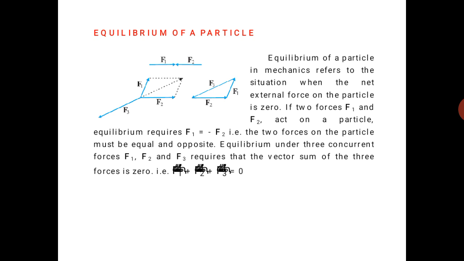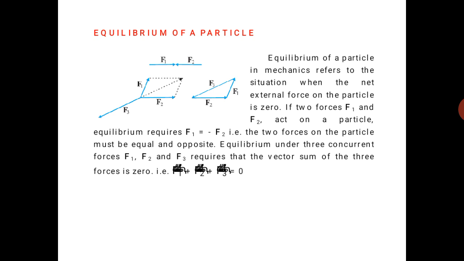Equilibrium means no motion, so clearly the net force on that body is 0. The body is in equilibrium only when the net force on it is 0. This is possible only when two forces of equal magnitude and opposite direction act on a body, so then the body becomes equilibrium.